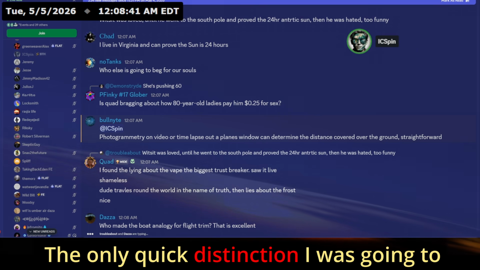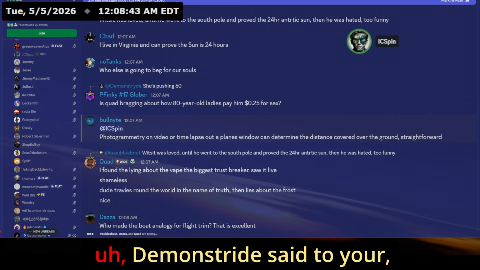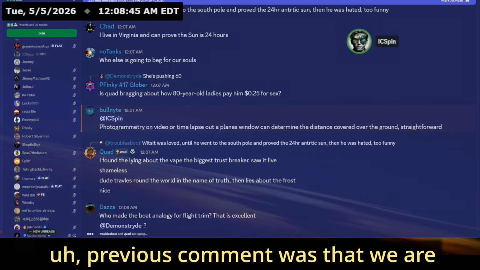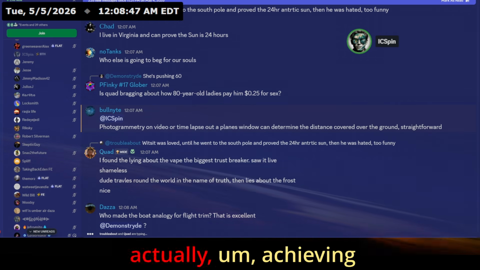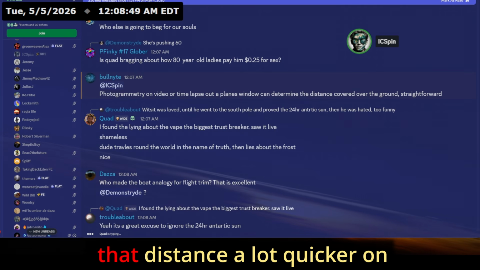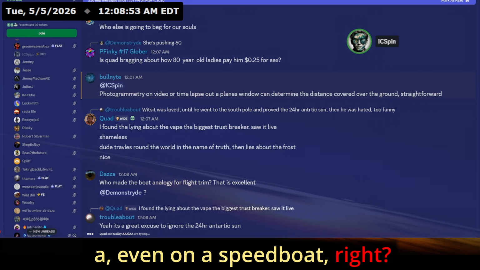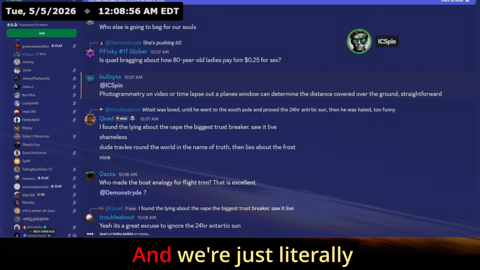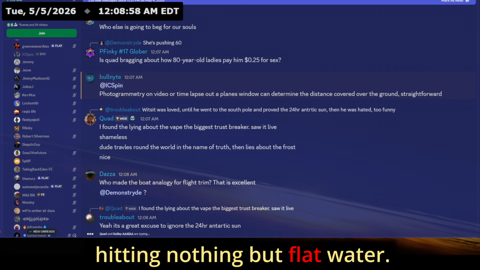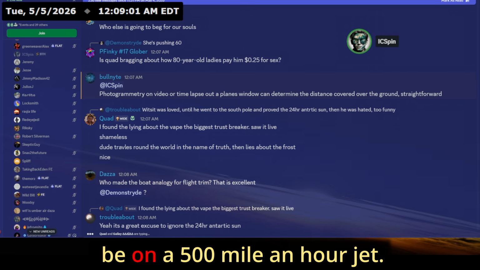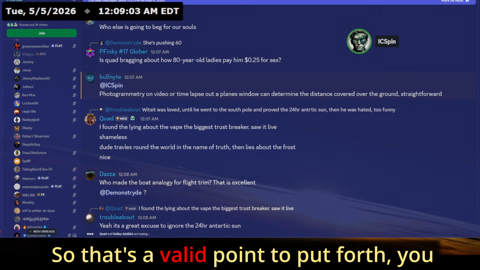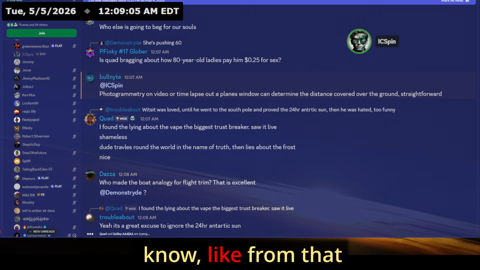The only quick distinction I was going to make between what Demon Stride said to your previous comment is that we are actually achieving that distance a lot quicker on an airplane than even on a speedboat. Let's just say it's an 80 mile an hour speedboat hitting nothing but flat water, versus a 500 mile an hour jet. So that's a valid point, Gio.